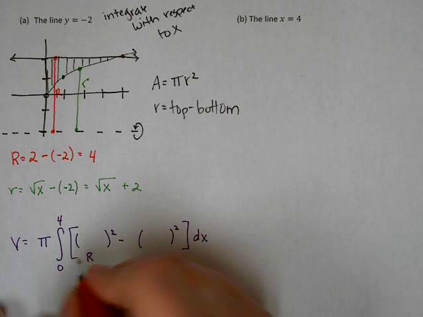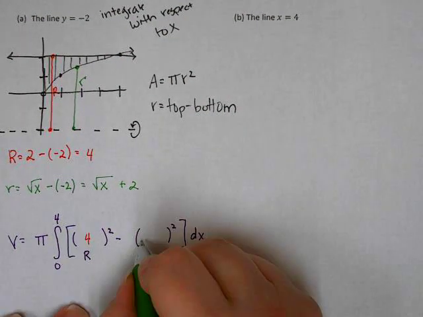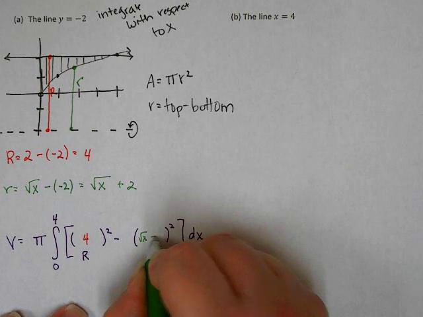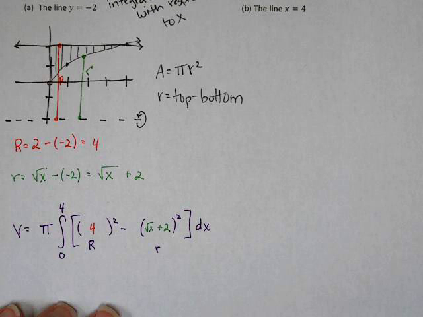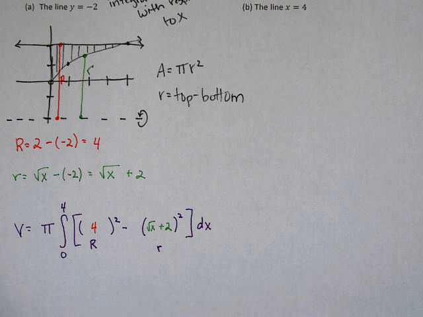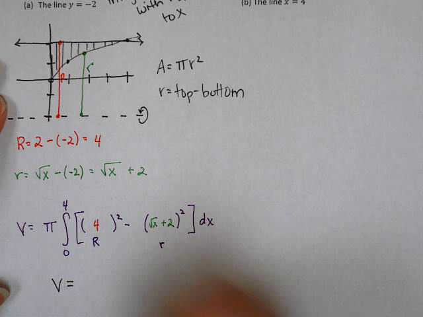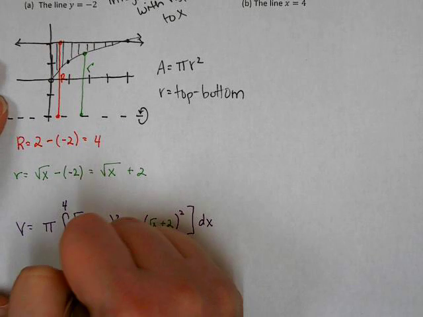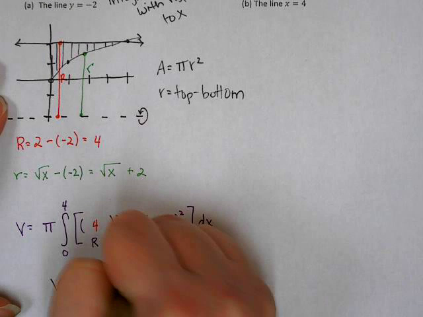Capital R is 4, and our lowercase r is the square root of x plus 2. And again, you can go ahead and plug that in the calculator. I'm not going to waste the time on the video plugging it in and showing you. So plug it in and check to make sure you agree with me. I got a volume of 58.643.